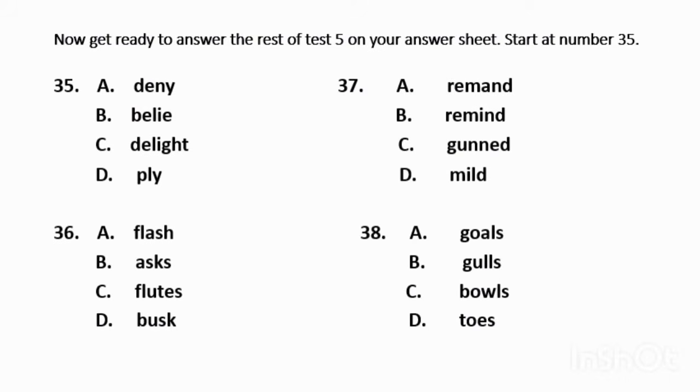Now, get ready to answer the rest of Test 5 on your answer sheet. Start at number 35. Number 35, belie. Number 36, flasks. Number 37, reprimand.